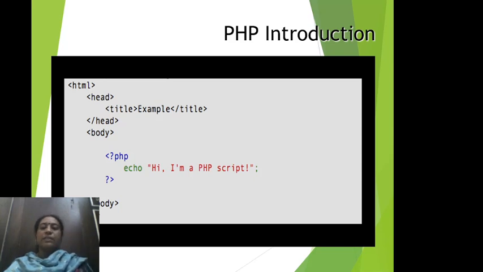Then angle bracket, question mark, PHP, and whatever we need to print, we give between the echo double quotation. Every statement must end with a semicolon, as we already discussed in C programming. And in the last we have to give the close HTML tag.